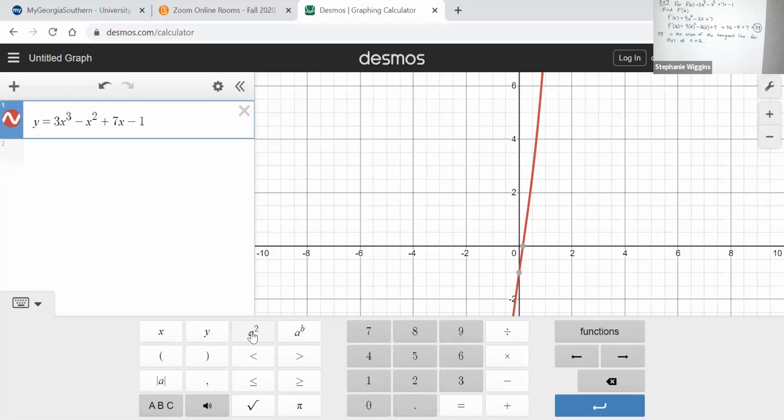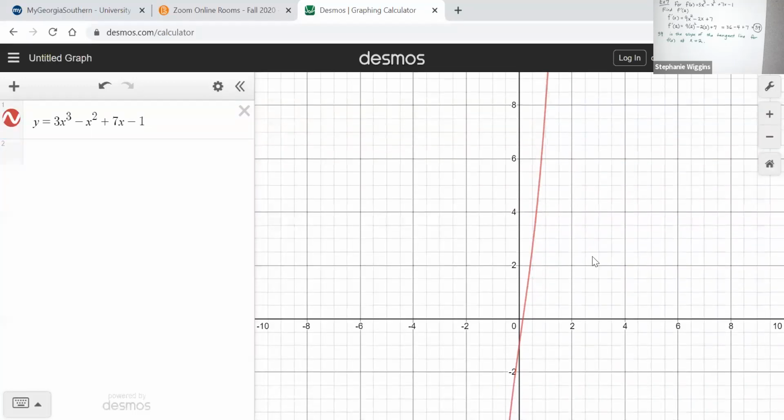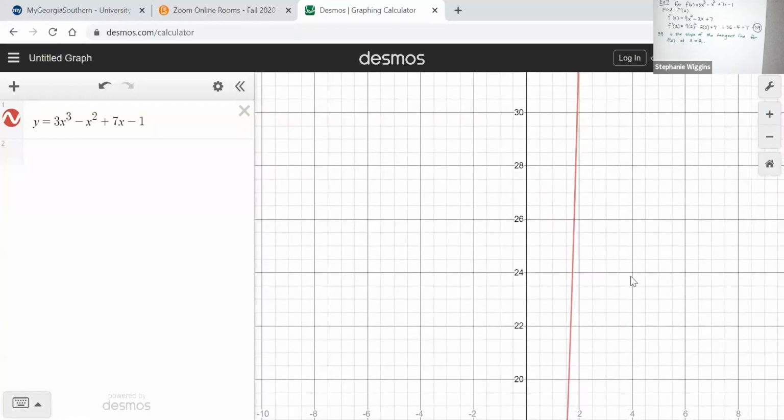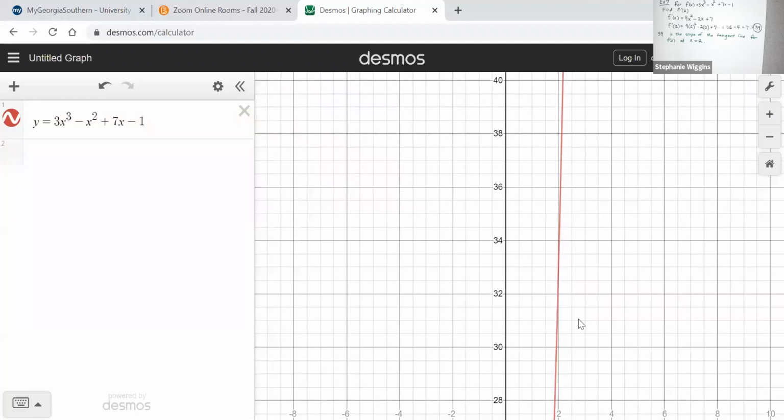Okay, now the point of interest is x equals 2. So we're right here, this is x equal 2, and I need to drag the graph down to see where my function is at x equal 2. So it looks like right here.